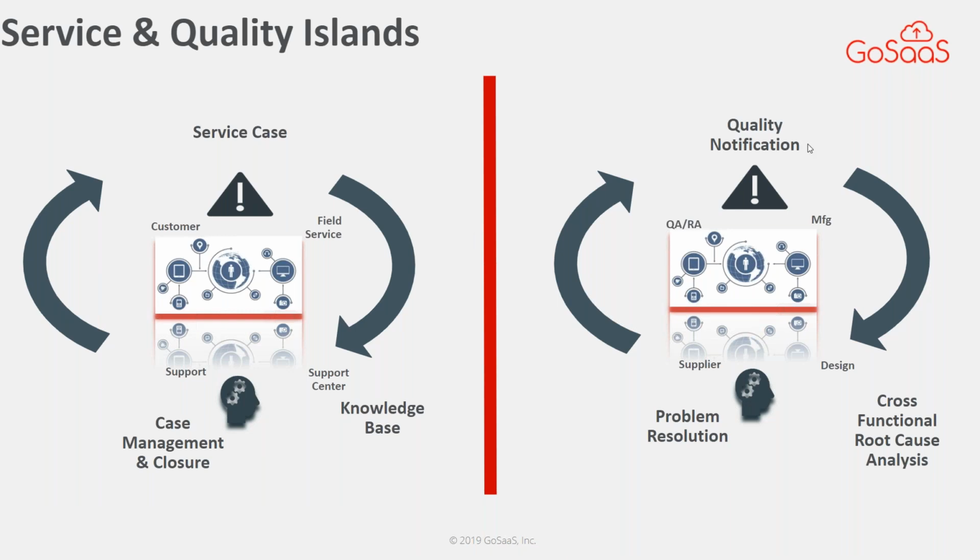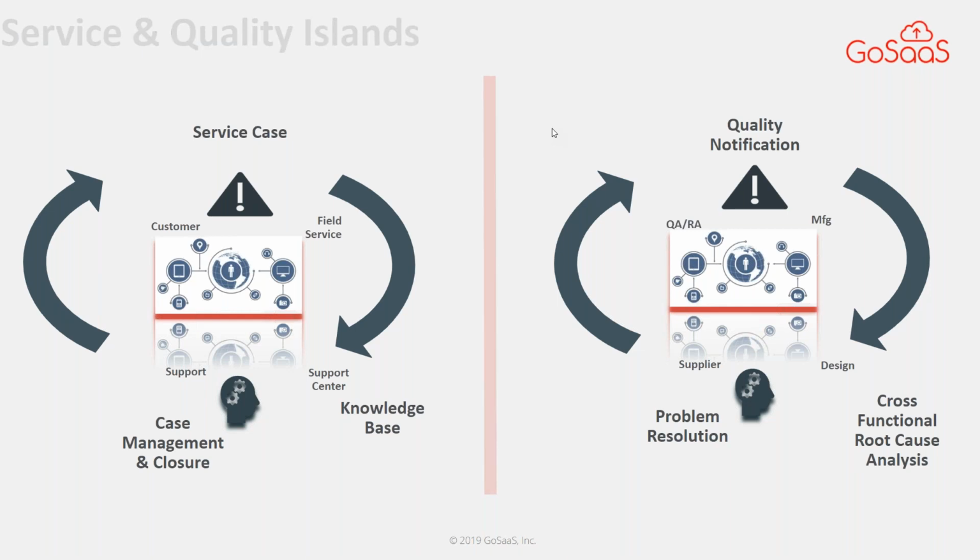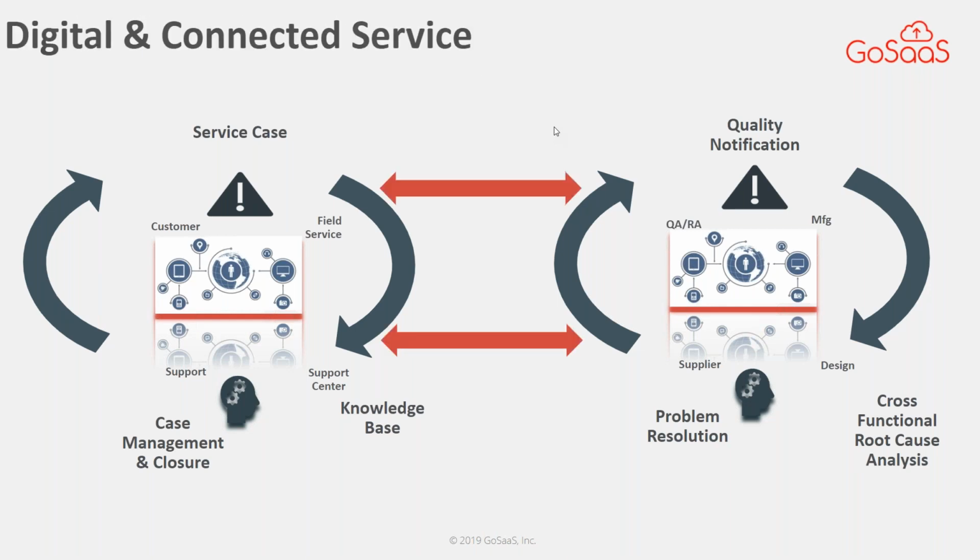And then quality notifications, quality, reliability, manufacturing, supplier, problem resolutions, cross-functional root cause analysis, that's been its own silo. So what we're doing is we're removing that wall and making these two entities talk to one another. They are part of the same hub. They'll share data. They can communicate back and forth in real time and so on.